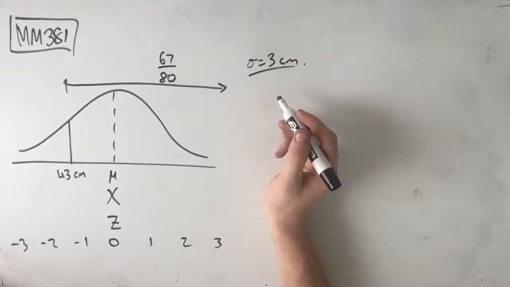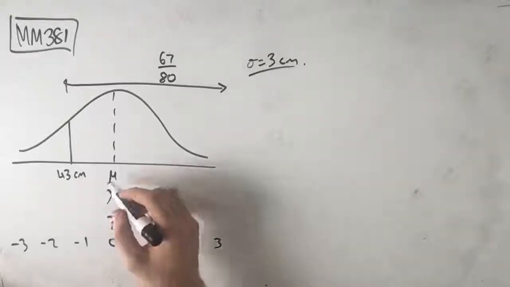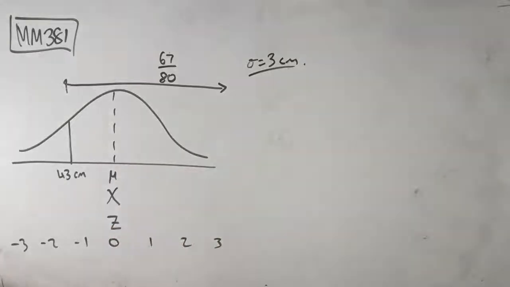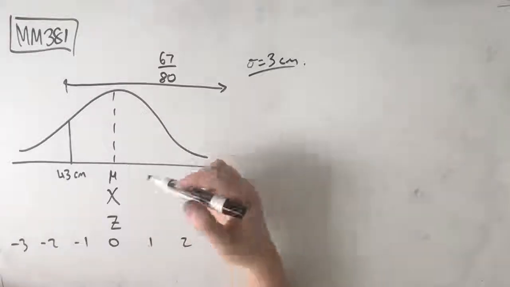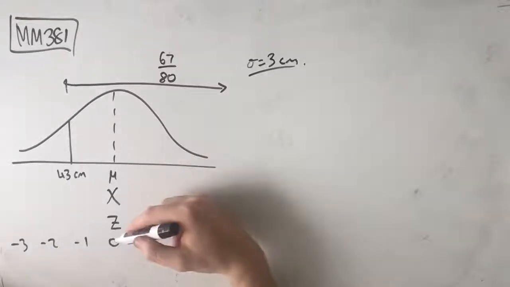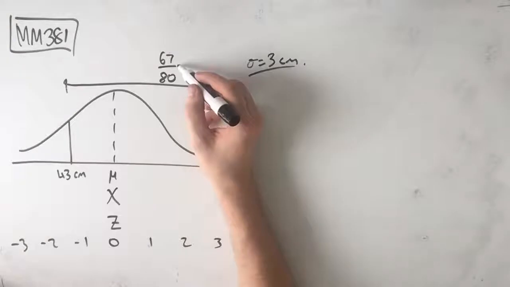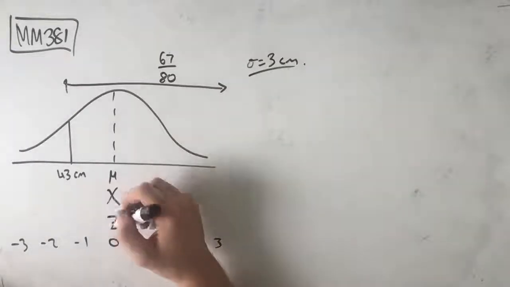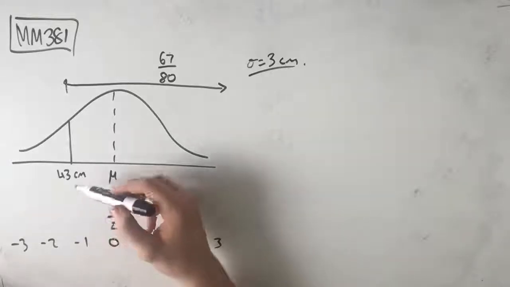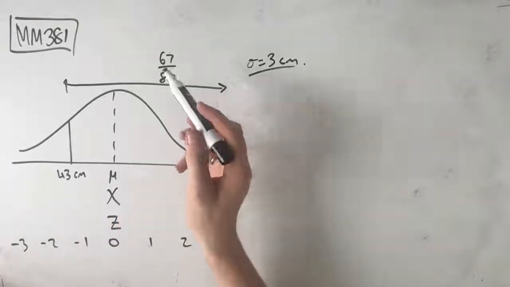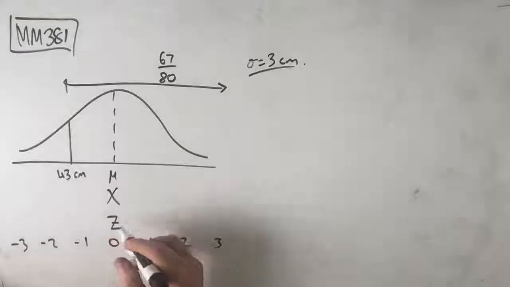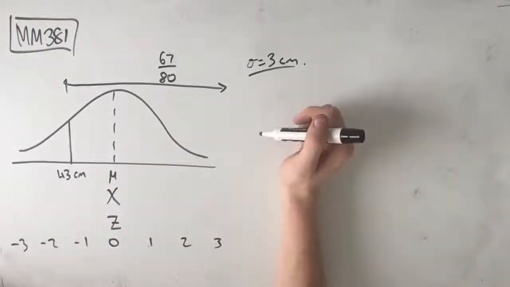Sweet, so what we actually want to do first, because normally we would use our inverse normal to be able to find this value, right? But we can only use inverse normal when we know our mean and our standard deviation and our area. But we only know our area, which is 67 on 80, and our standard deviation, which is 3, but we don't know our average or our mean.